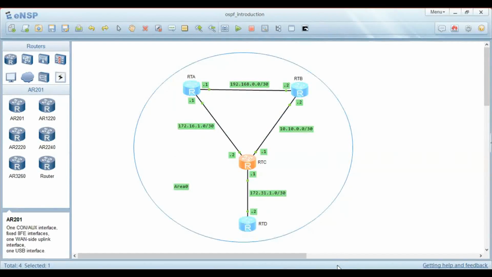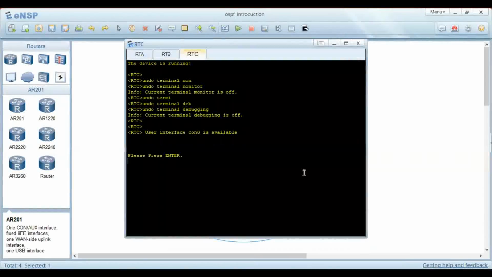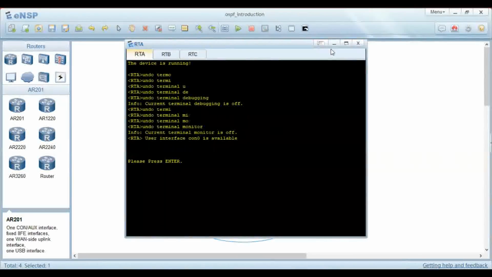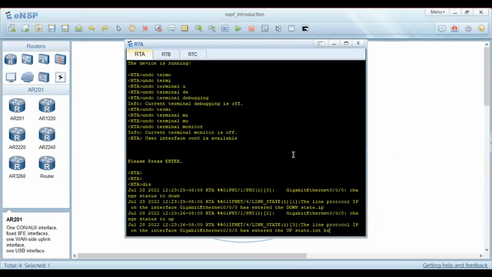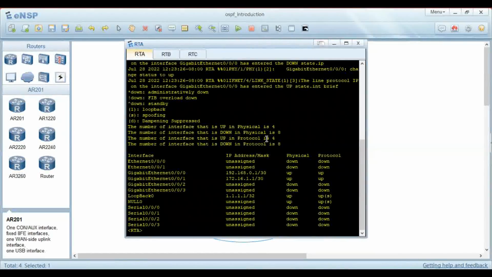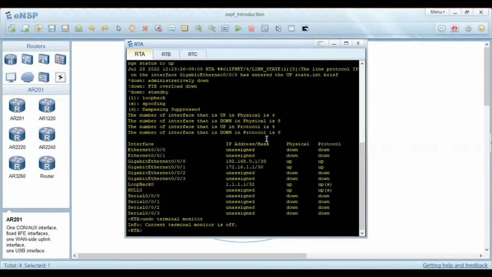So let's start with router 1, router A, and let's see whether we have those configurations. So we can display IP interface brief. Sorry for this, we need to do this command, terminal monitor, so that we do not have those log messages coming through.